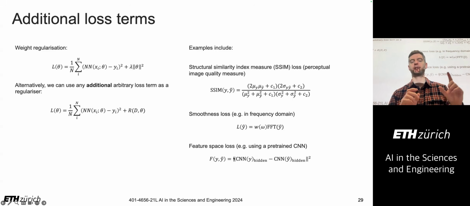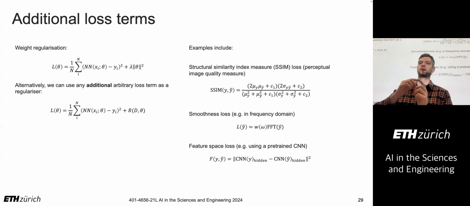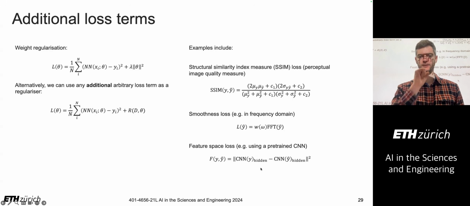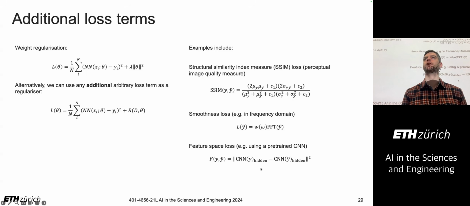This could be, for example, in those unsupervised models that have some latent vector, we could pass the output of the network through that feature model to get the latent representation, and then match the training data point to the output of the model in that latent representation. And that's a really nice trick that can improve performance as well. So in summary, there are many different loss terms that we can use.